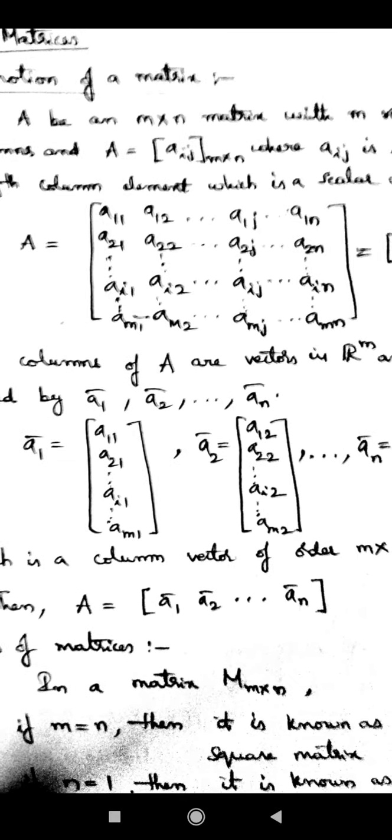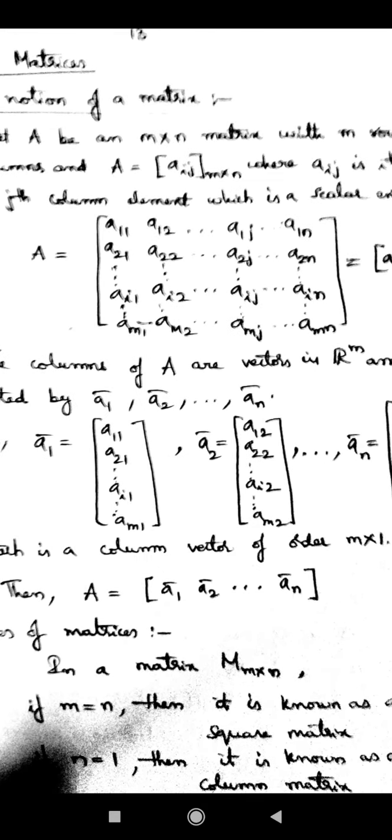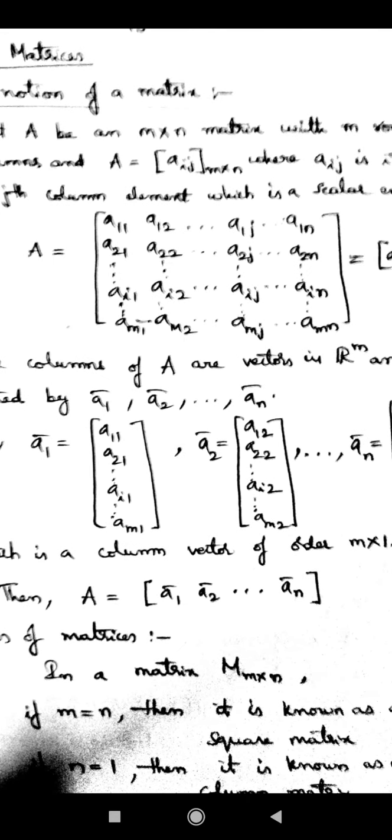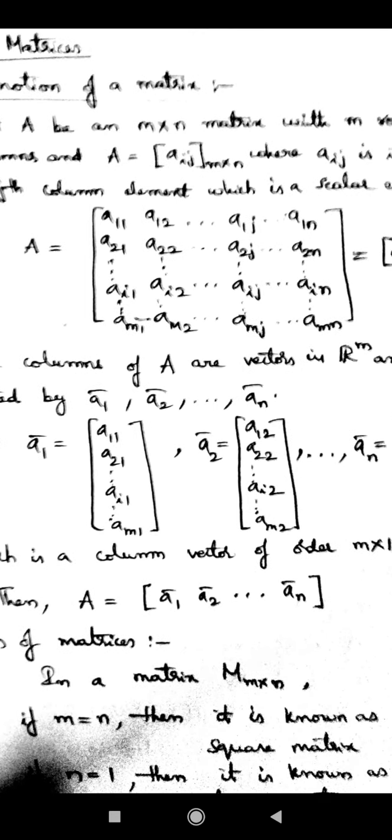Now just see this once again. In the matrix A, the first column elements are taken in a separate matrix, and that matrix is denoted by A1 bar, and this is called a column vector. Even though it is written in the form of a matrix, we call it a column vector or simply a vector. So A1 bar is equal to a11, a21, ai1, so on, am1.